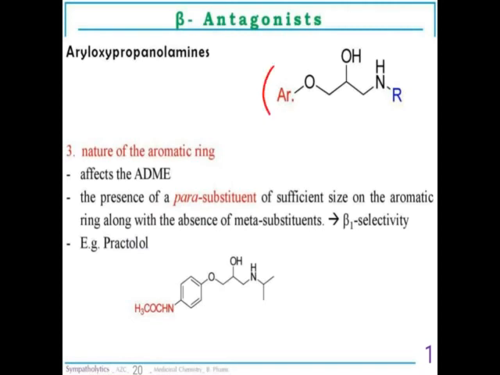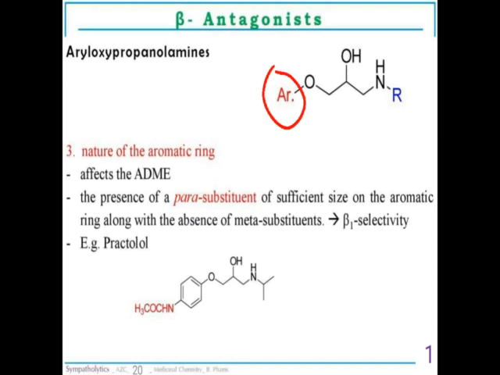Now the nature of the aromatic ring is responsible for the ADME, the pharmacokinetics: absorption, distribution, metabolism and elimination.